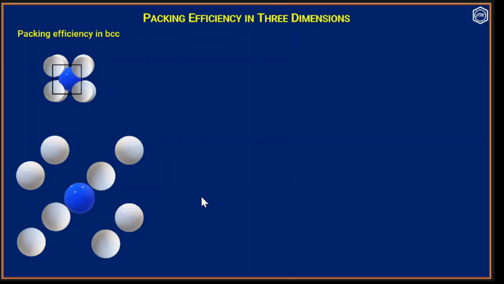Now we connect. So this is the cube, and atoms along the body diagonal, from this corner to this corner, these 3 atoms touch each other, and let this distance be y.